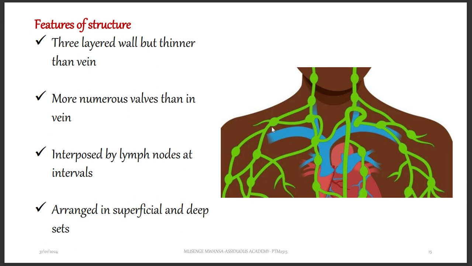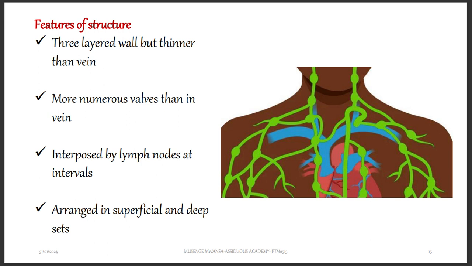These are called lymph nodes. They are there to filter lymph. Remember, lymph is used as protection in the body. So when lymph is being taken in, if it has any foreign substances, those are supposed to be removed, and they are removed in lymph nodes.